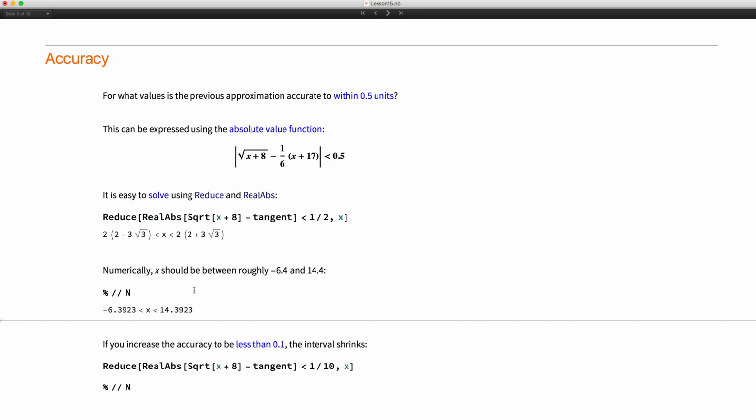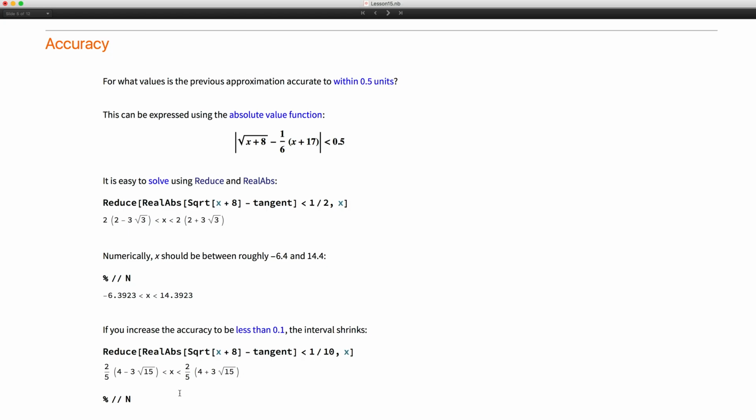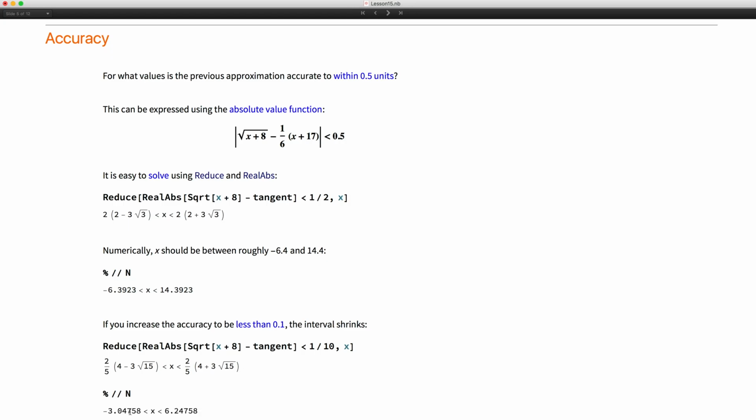So as long as you stay within that range of x, you'll get an approximation which is correct to within 0.5 units. Now, let's say you want to increase the accuracy to be less than 0.1, then you set up the equation with 1/10 over here, and you get back the values. In this case, you have a much tighter range from negative 3.04 to 6.2 roughly.